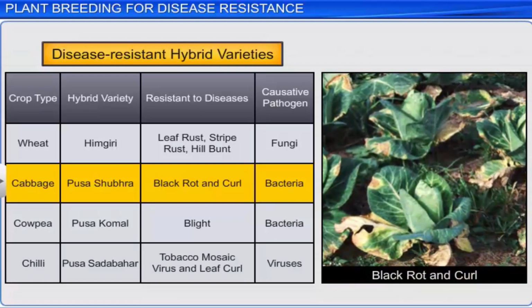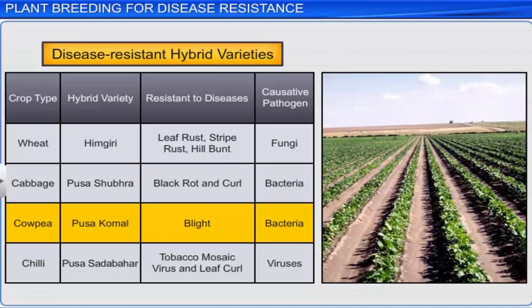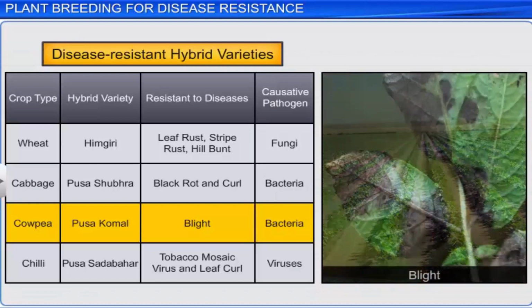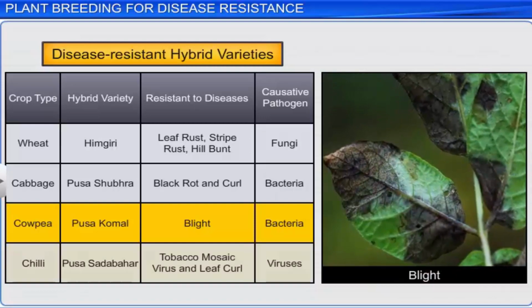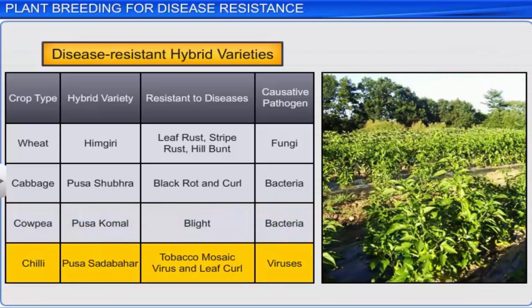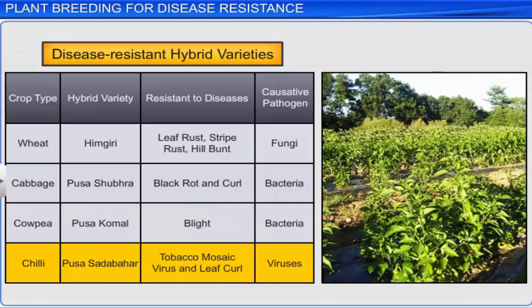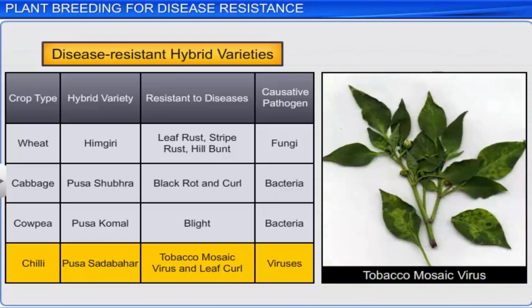There is Pusa Komal, a hybrid variety of cowpea that is resistant to blight disease caused by a bacterium, while Pusa Sadabahar, a hybrid variety of chili, is resistant to viral diseases such as tobacco mosaic virus and leaf curl.